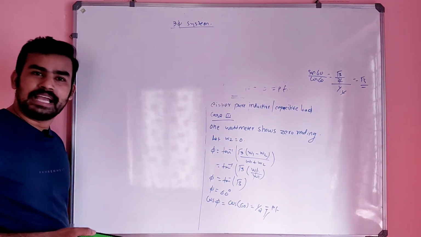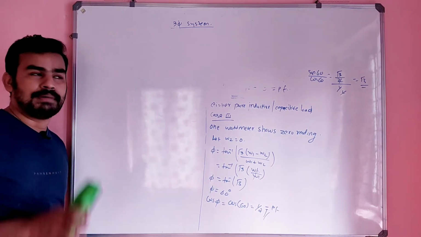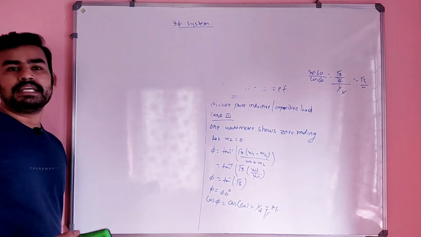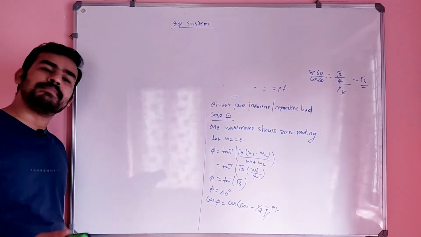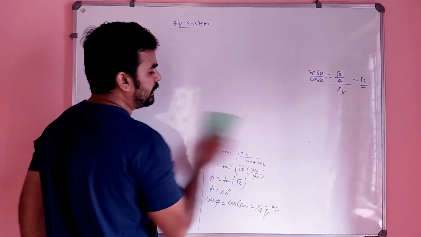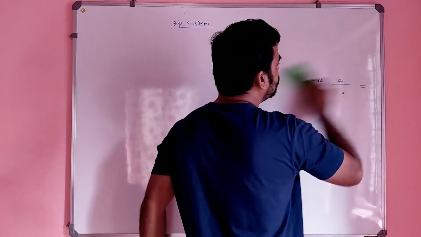Finding the power factor is also an aim, but the ultimate aim is simply the power measurement. So the total power in a three-phase system is wattmeter 1 reading plus wattmeter 2 reading. That also you have to take care.